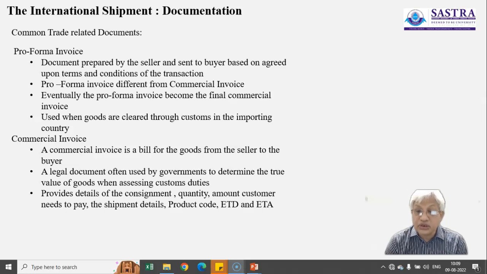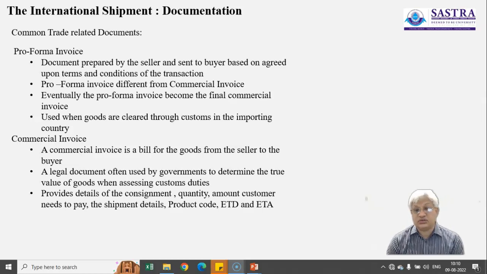A commercial invoice has to go to the customs of the supplier or the shipper's country. It is a commercial invoice which is inspected by the customs of his country. What is declared on the commercial invoice is very important.